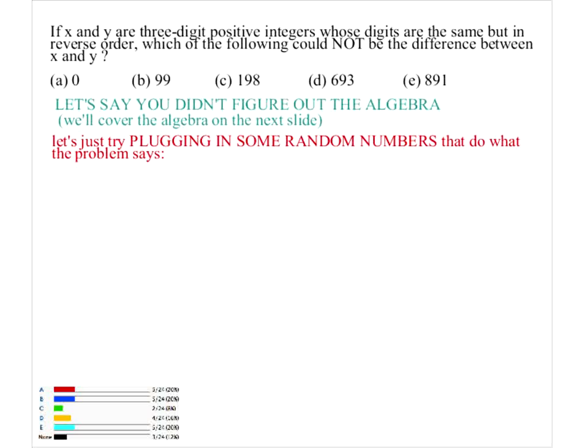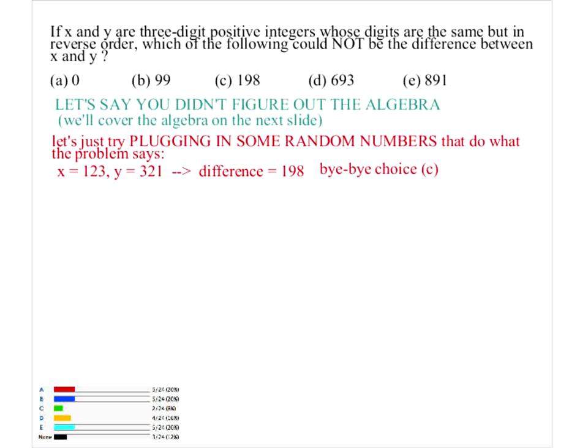The difference is 198. So there goes C. Let's try the ones that are in the window. x equals 122, y equals 221.